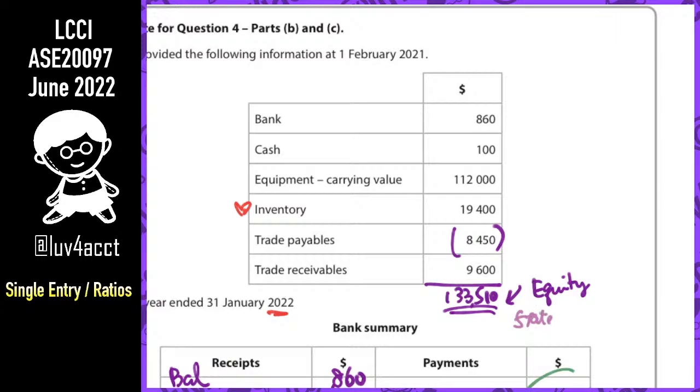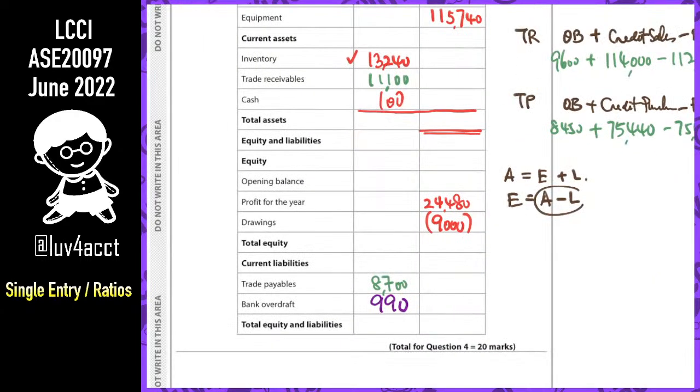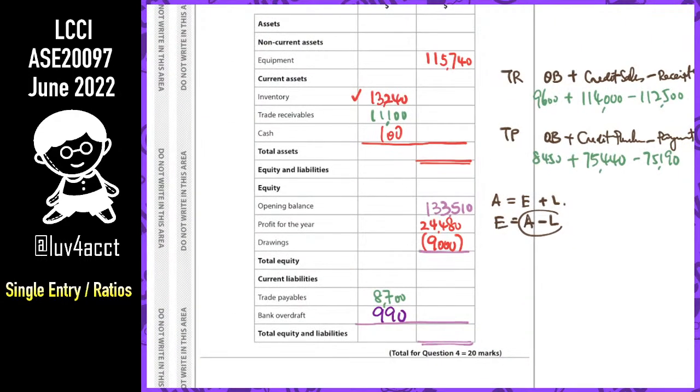Let's see if we will meet these items in other papers. Then you have to show it nicely, just like the statement of financial position. 133510. Let us see if we can balance this statement of financial position.